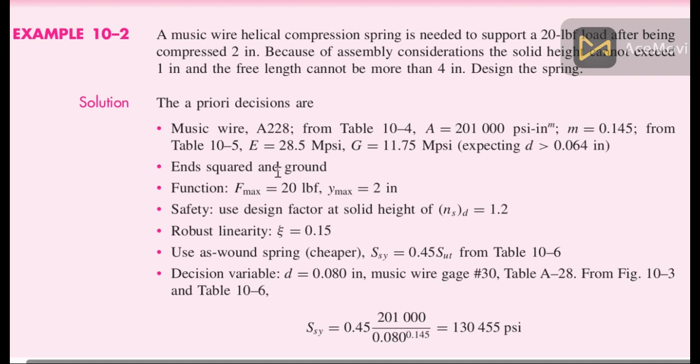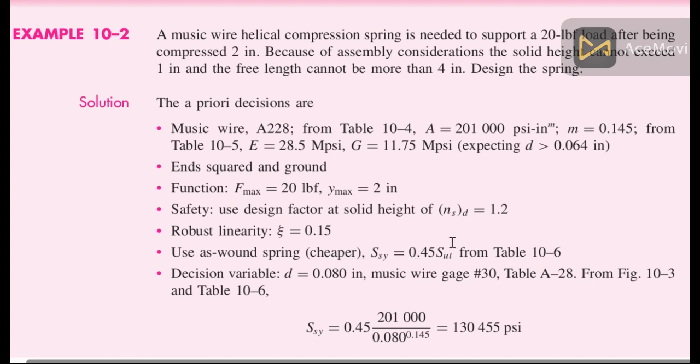Ends are square and ground. F max is equal to 20 pound, and y max is equal to 2 inch. Here factor of safety is 1.2. Robust linearity zeta is given by 0.15.